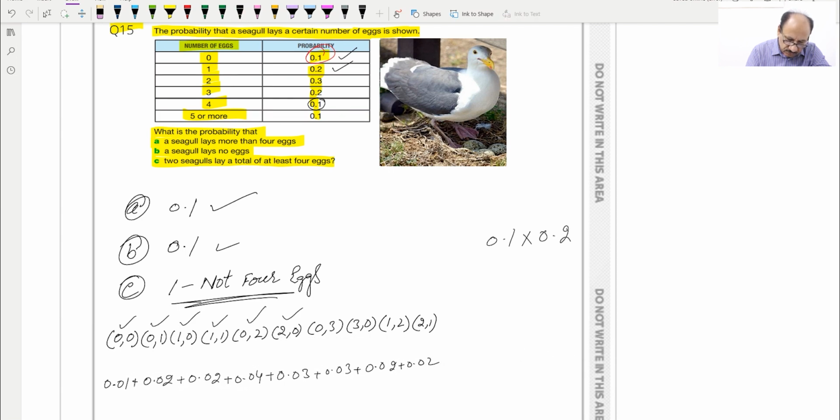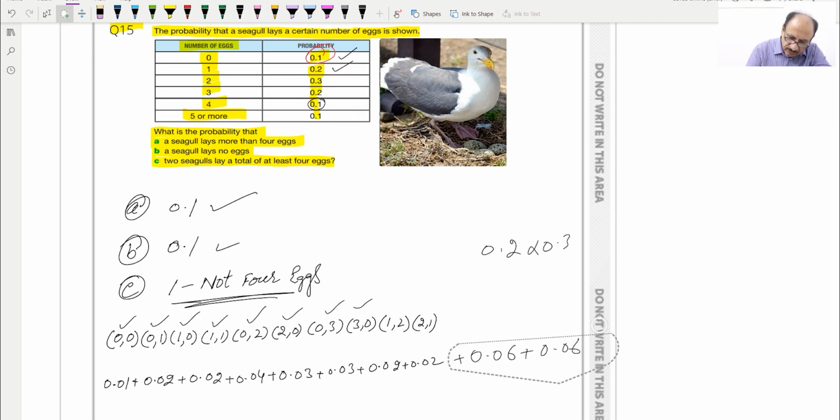Then 1 and 2: 1 is 0.2 and 2 is 0.3, so it will be 0.06, and the last, 2 and 1, will also be 0.06.